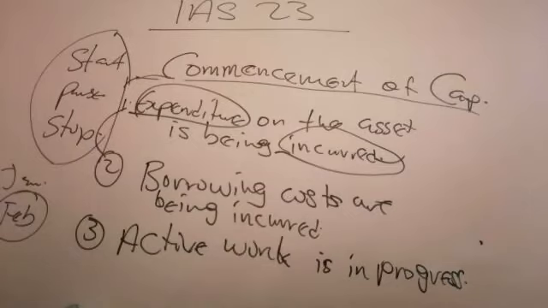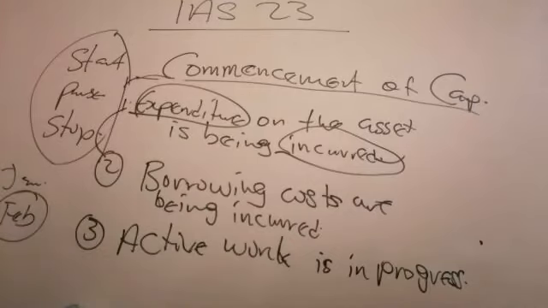That is the bottom line. Now, the issue is this. The construction started in January, but the work was satisfied in February. So we've incurred cost in February. So borrowing cost must start from where? February, not January. Good. So that is it.